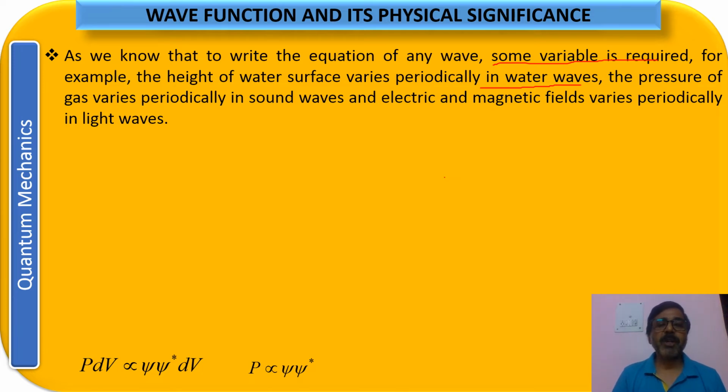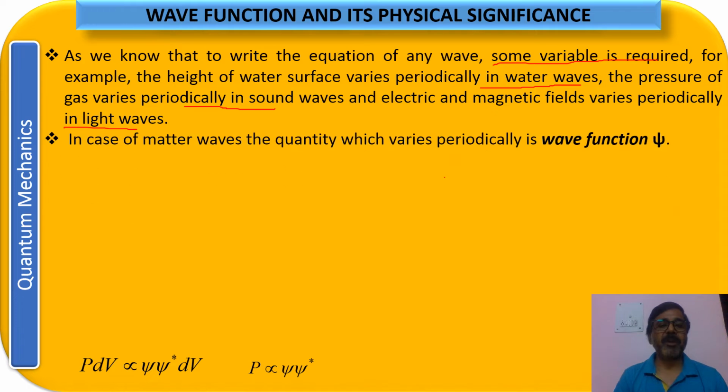The pressure of the gas varies periodically in sound waves. So you are getting rarefaction and compression, and because of that your sound wave is moving. And the electric and magnetic fields vary periodically in the light wave. So a light wave is nothing but an electromagnetic wave, in which both your electric vector and magnetic vector vary, perpendicular to each other, and this constitutes the light wave.